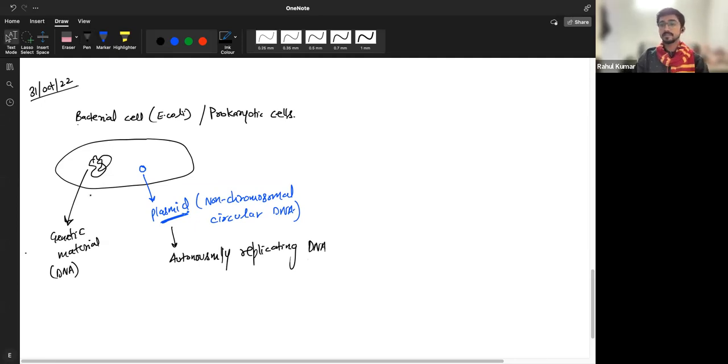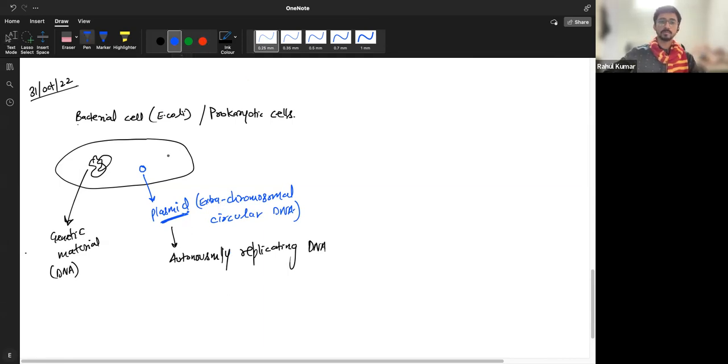Its replication can take place independent of the replication of the DNA of the bacteria. So it is an autonomously replicating, non-chromosomal, or you can say extra-chromosomal, that's a good word, extra, more than the chromosome, extra-chromosomal circular DNA.